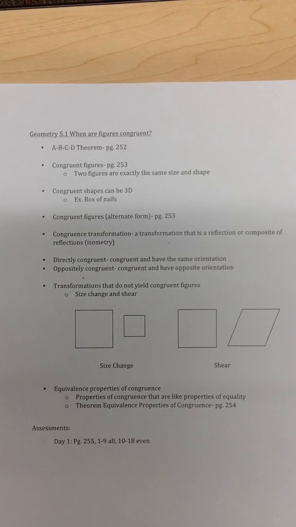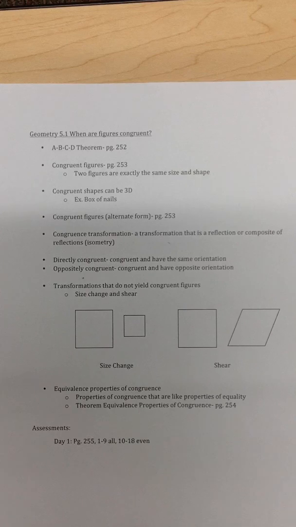So if you buy a box of nuts and bolts, all of them should be exactly the same size, or congruent to each other. Otherwise, when you grab one out of one box and one out of the other box, it's not going to screw together right. Now, there are some errors when they do manufacturing, where it might be off by a millimeter or something like that. So sometimes they don't always twist together as well as you'd like them to, but they should all be congruent to each other.